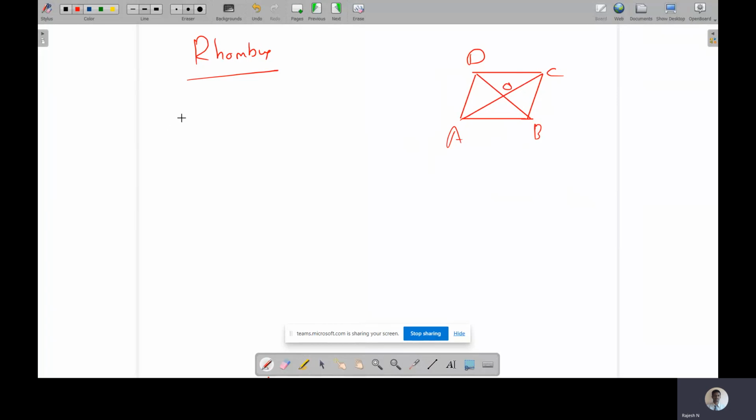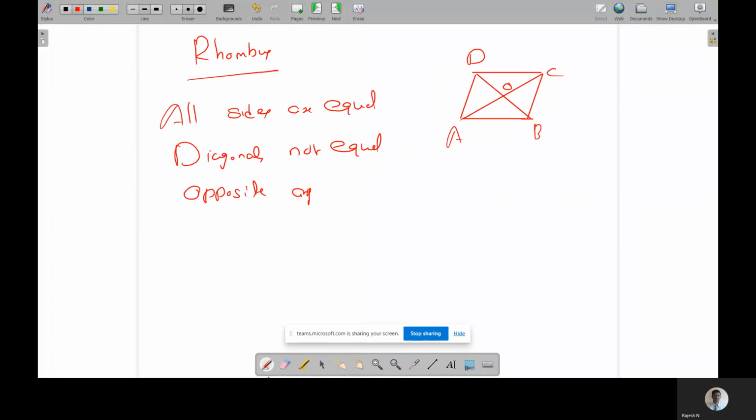So here in a rhombus, what is the specialty? All sides are equal, but diagonals are not equal. All opposite angles are equal because it is a parallelogram. Opposite angles are equal.